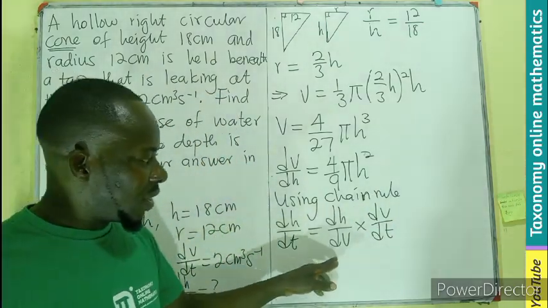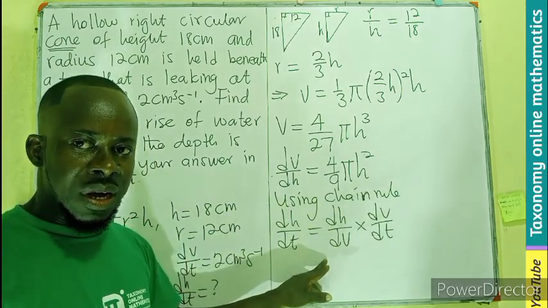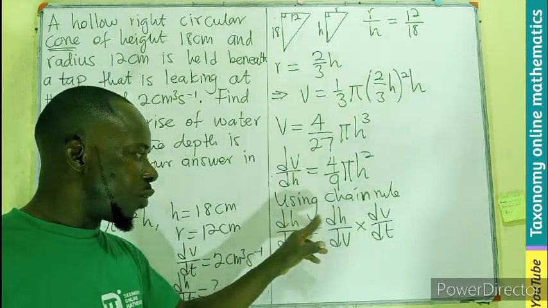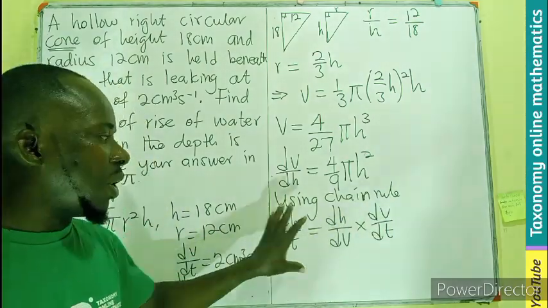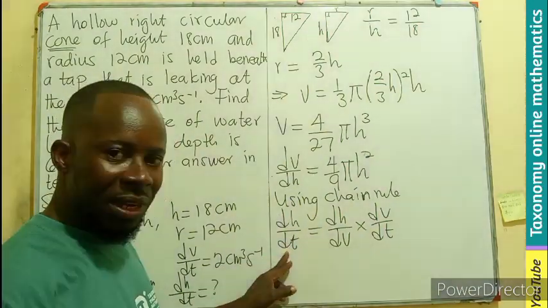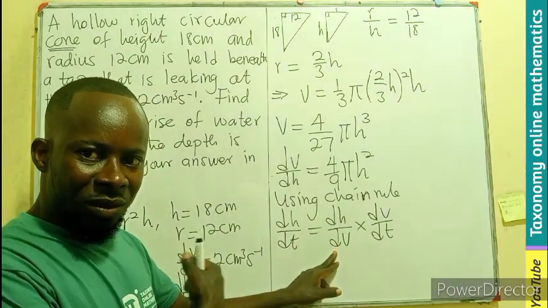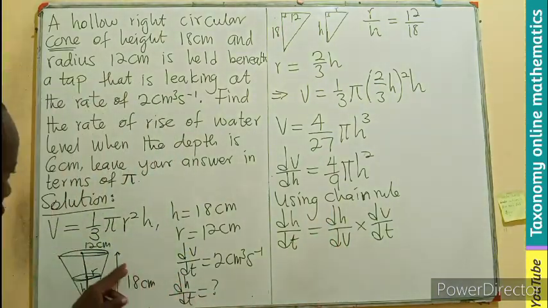Don't forget, if you look at it, the dV will be cancelling, so dH over dt. That's how the chain rule is stated. So we have the dH/dt, that's what we are looking for. dH over dV must be given. So we look through.